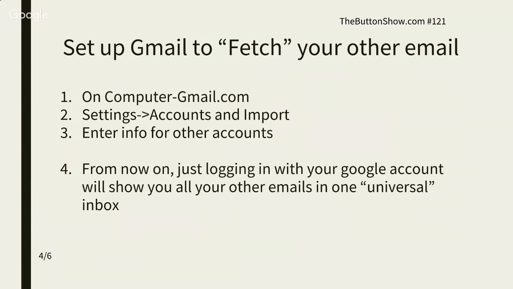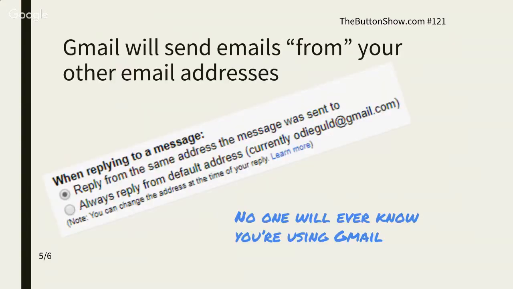You go into settings, accounts, and import. You've got to be on a computer to do this part. You need to know the username and passwords for the email that you want to fetch. You have to prove that it is your email before Gmail will go fetch it. But from then on, all you have to do is log into one account, your Google account, and all your other emails will show up.